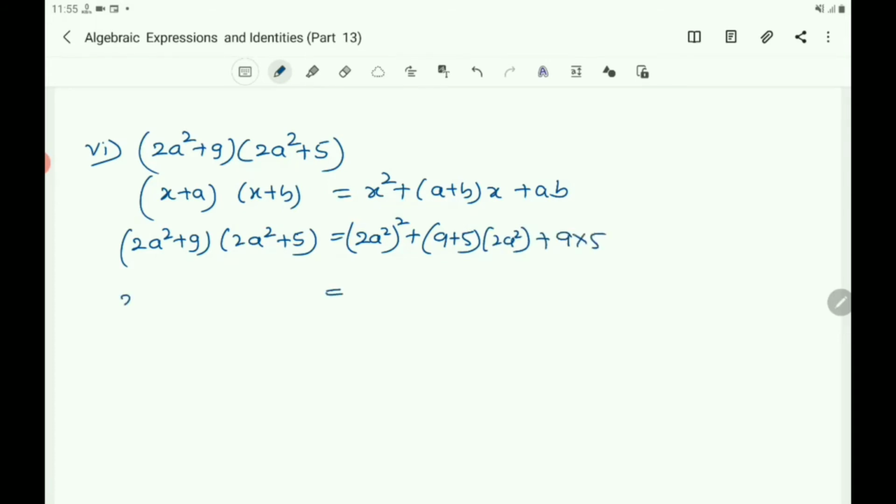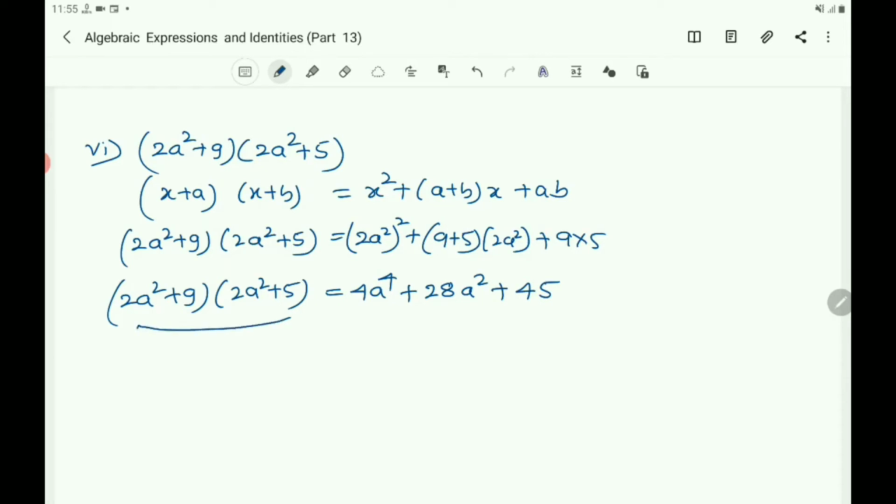That equals 2a square whole square is 4a power 4, 2a square into 2a square, that is 4a power 4, plus 9 plus 5 is 14, 14 2s are 28a square, plus 9 5s are 45. Therefore, the product of 2a square plus 9, 2a square plus 5 is 4a power 4 plus 28a square plus 45.